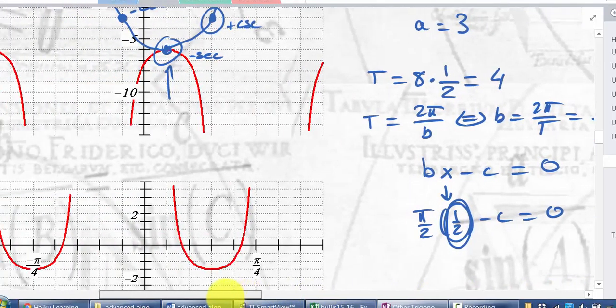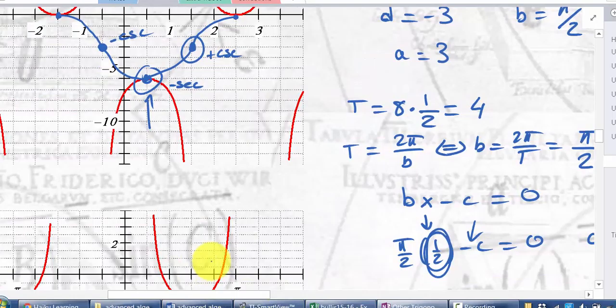And if I take this as my phase shift, what's the name of the graph? It is y equals, so we said it's a negative secant, right? So negative, I think it was 3, 3 secant of, b is pi over 2, x minus pi over 4, and then minus 3.